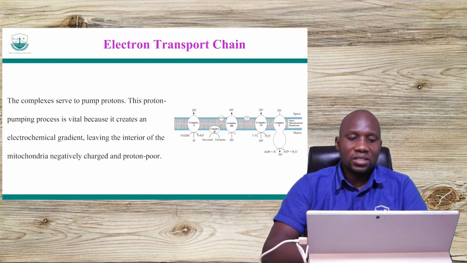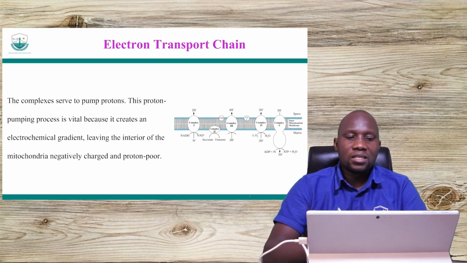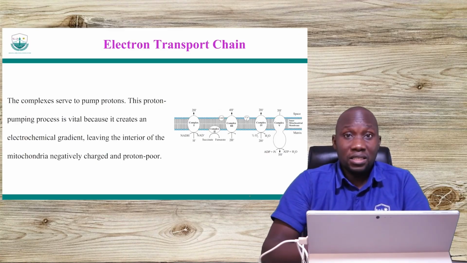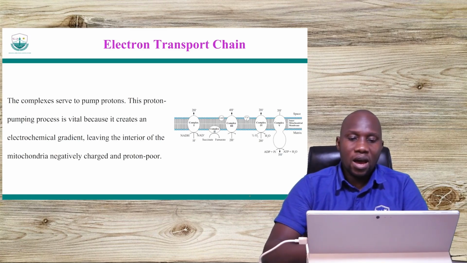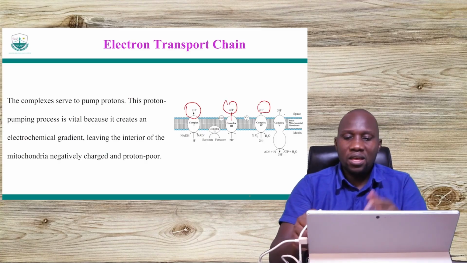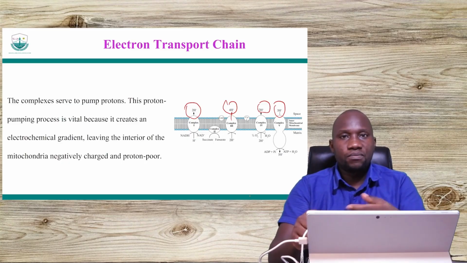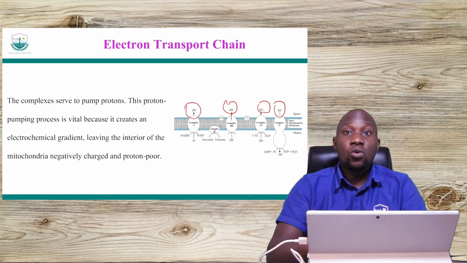The hydrogen ions, or the protons, are the ones responsible for that. And eventually, you basically have the inside being negative compared to the outside. And this pumping is actually carried out by the complexes that we have already talked about, complex 1, 3 and 4. And that is why you have these protons with this arrow, meaning that they are being pumped out. Okay, so we are going to see what happens.